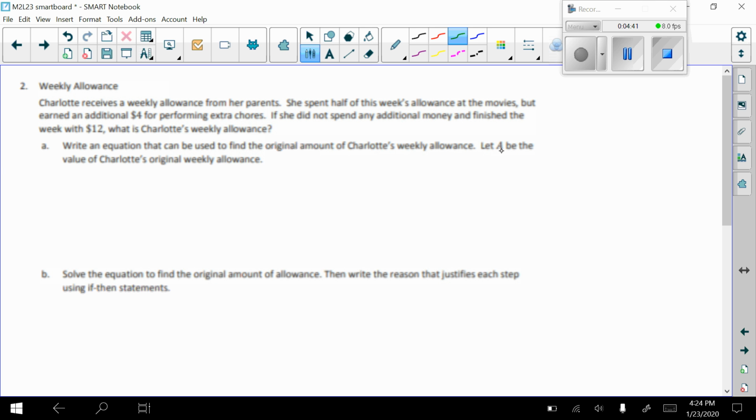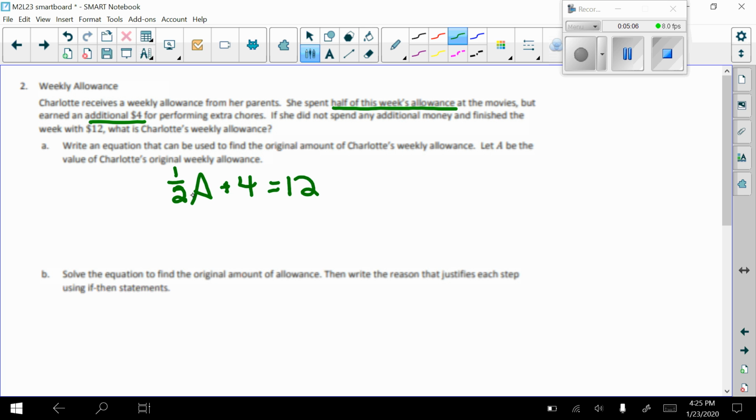So A is allowance. So let's read this again. She spent half of her allowance at the movies. But she earned an additional $4, so plus 4. If she did not spend any more money, she has $12.